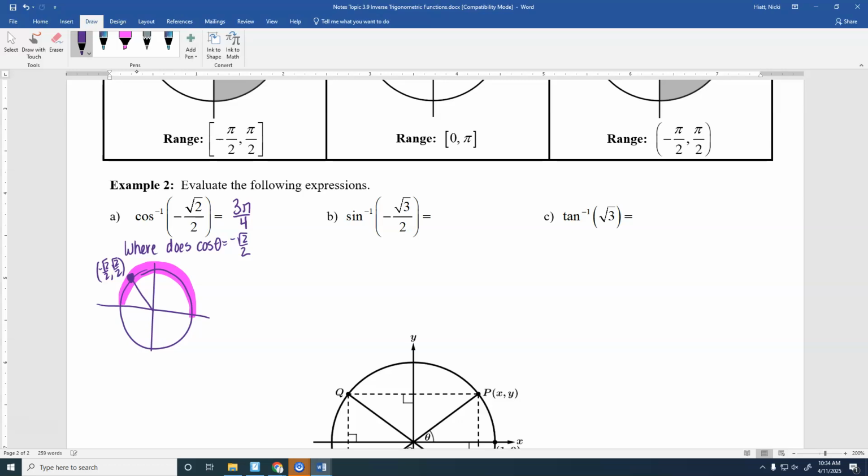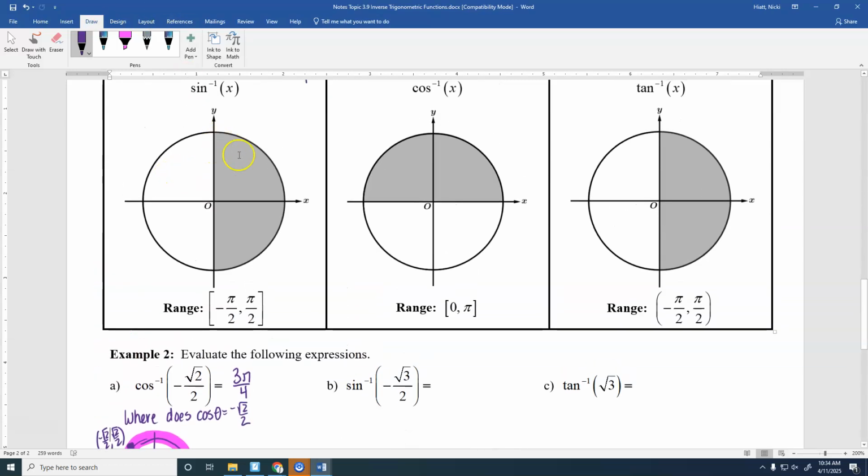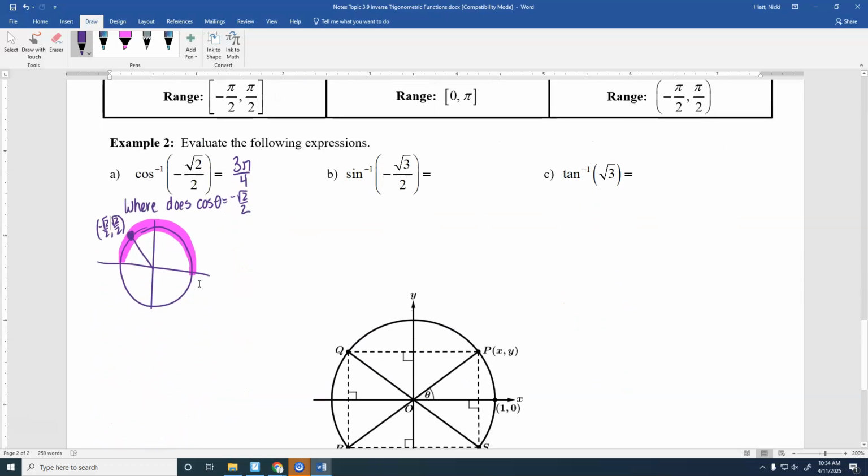Okay. So B is asking me, where does sine equal negative root 2 over 2? Now for sine, I only care about the first and the fourth quadrant, and there's going to be something a little different we have to do if it ends up being in that fourth quadrant. So for sine, I would only be looking for answers in the first or the fourth quadrant.